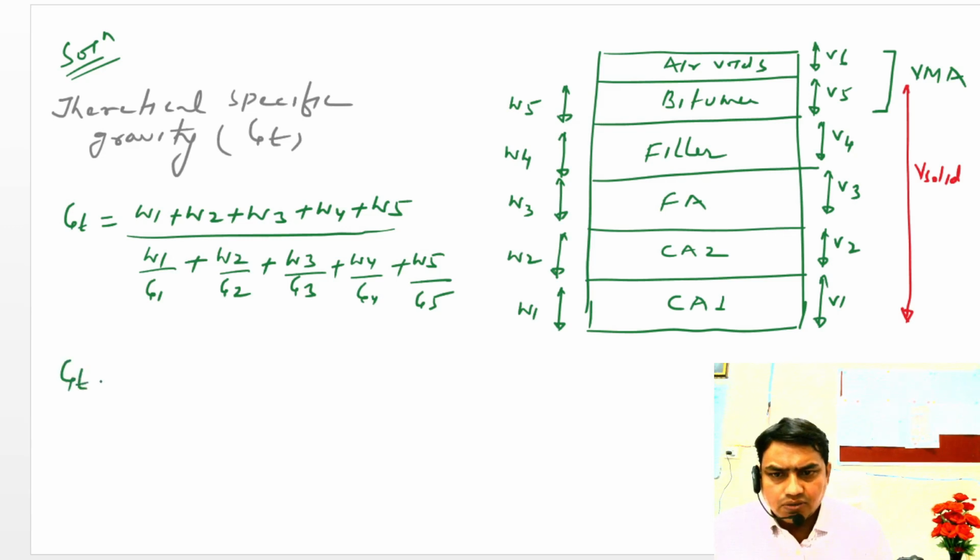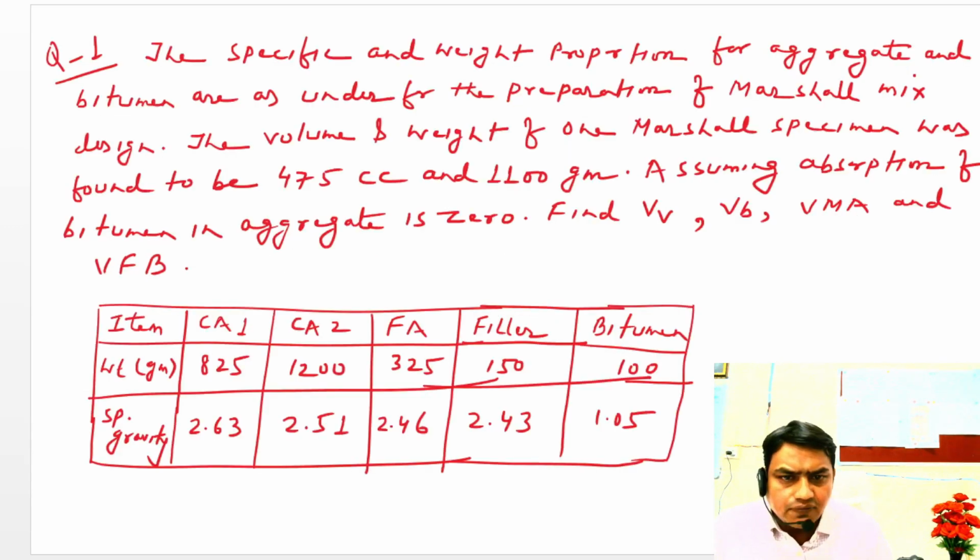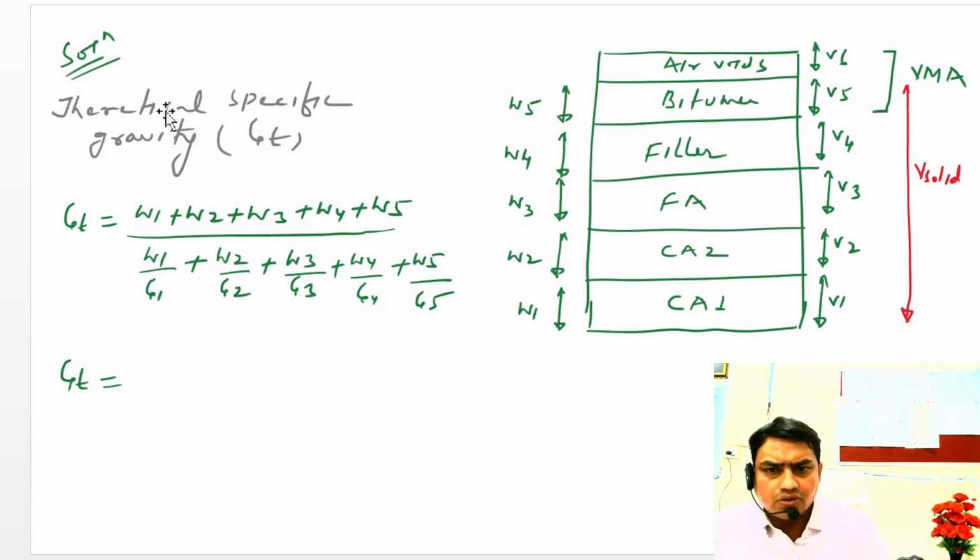Because specific gravity is given for coarse aggregate 1, 2, fine aggregate, filler and bitumen, the theoretical specific gravity can be computed.